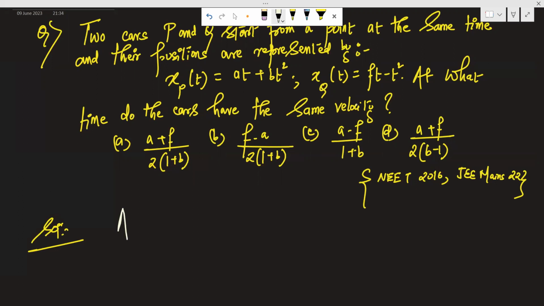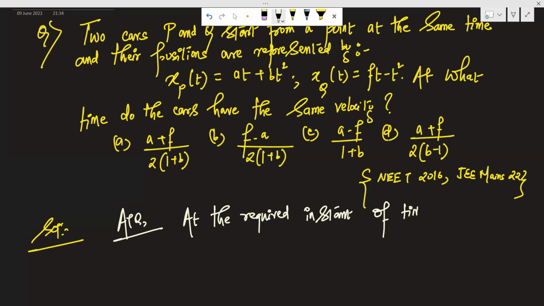So we can say that according to the question, at the required instant of time t, velocity of p must be same as velocity of q. Yes or no?